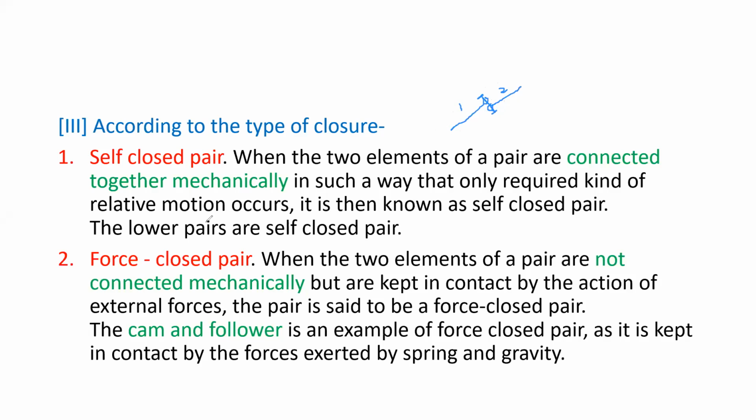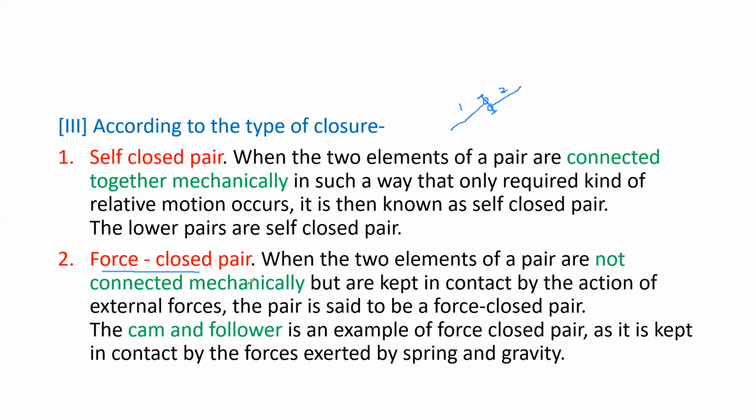On the other hand, what happens in case of a force closed pair? In a force closed pair, the two elements are not connected mechanically together, but the contact between them is ensured with the help of some force which is acting on these elements and forcing them to be in touch with each other.